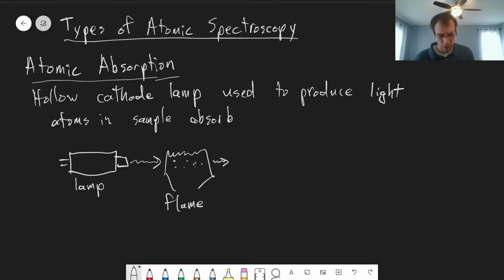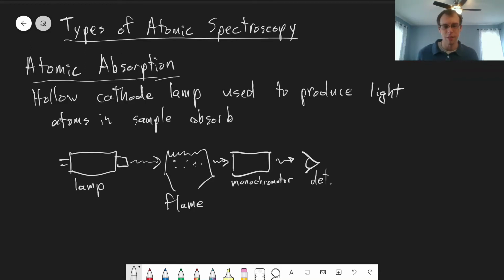Those atoms will absorb some of the light, and then often the monochromator is after the flame instead of before it. You can have it in either place. And then we have a detector, similar to the ones we've talked about previously, like a photomultiplier tube. Okay, so that's the basic idea.